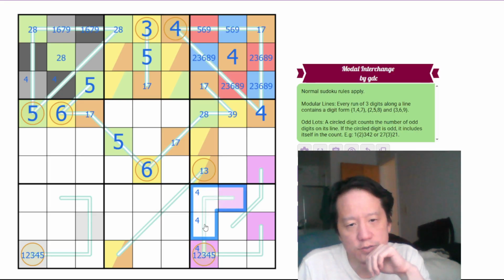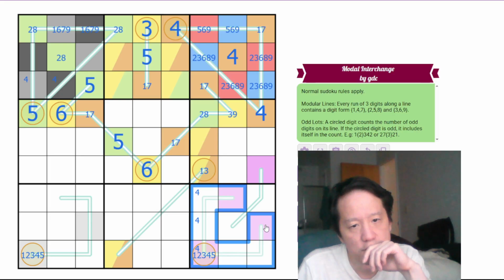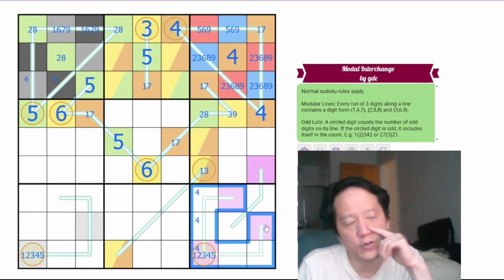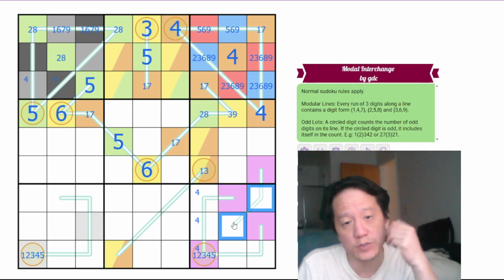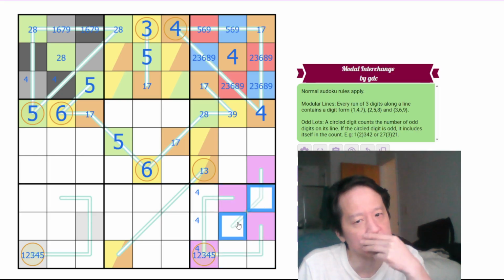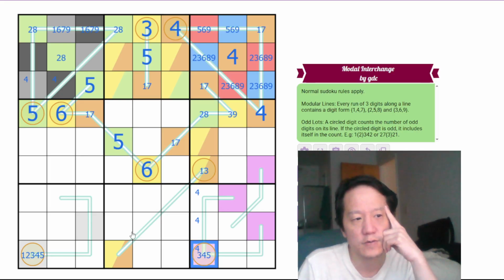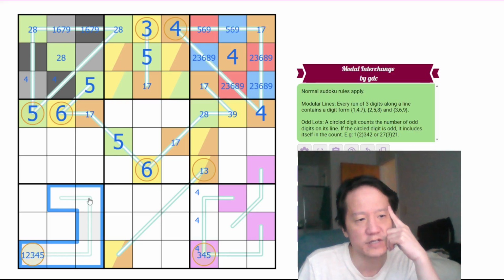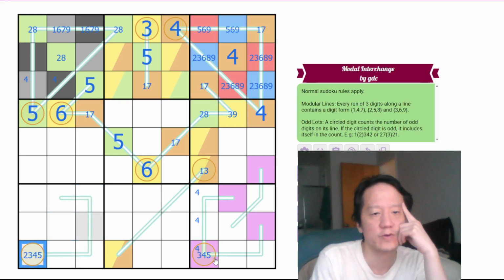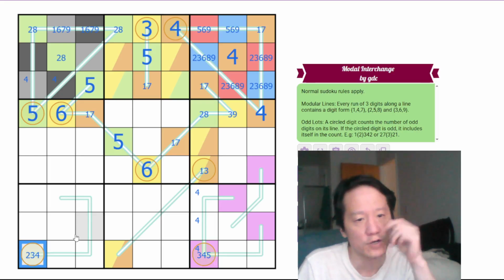This is 1, 2, 3, 4, 5, 6, 7. So that means these could be 2 evens here, or it could be 0. So this is specifically 3, 4, 5. This could be, so this is 6 minus 4 is 2 at minimum. So this is 2, 3, or 4 here.